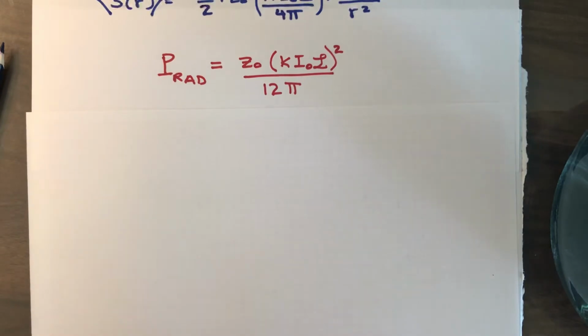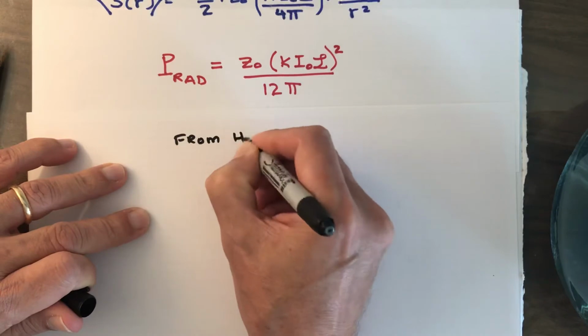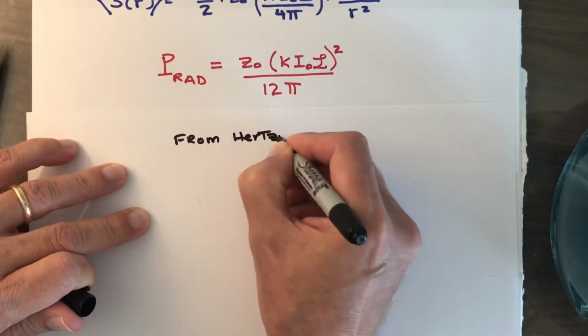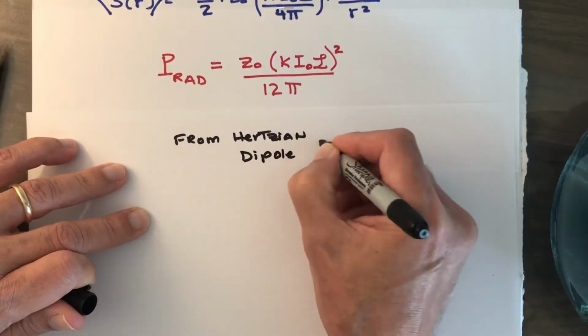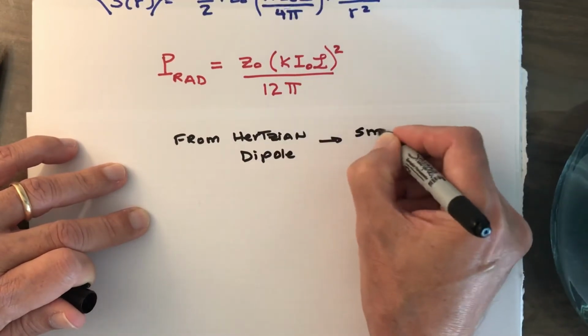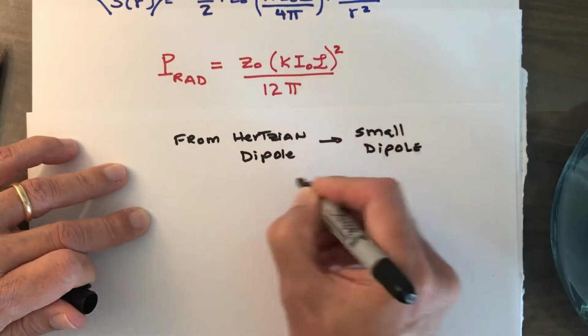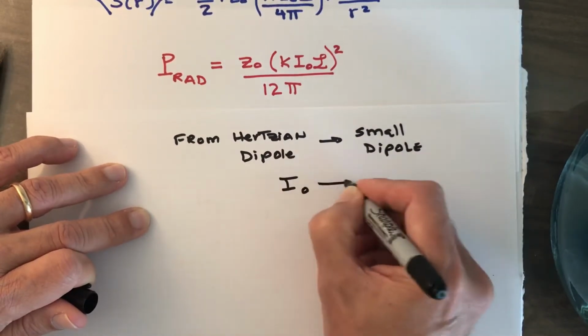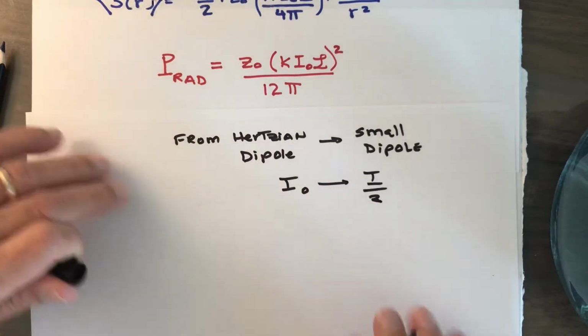That to go from the Hertzian dipole, also known as the infinitesimal dipole, to the small dipole, we replace I naught with I divided by 2, or the average current.